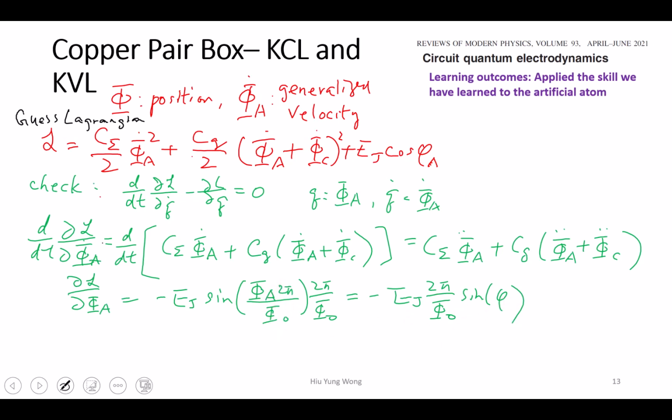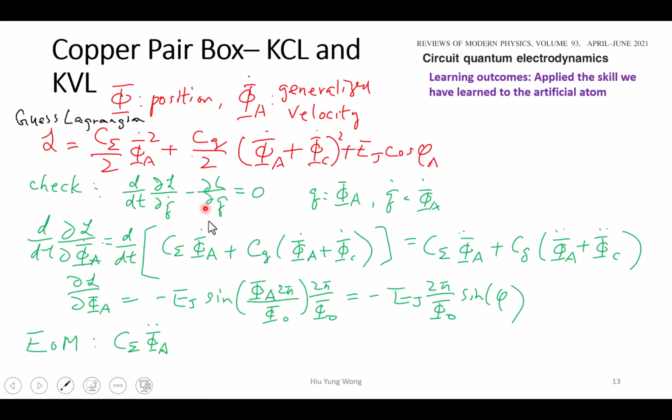So based on this, what is the equation of motion? It is C summation phi A double dot plus, because this is minus, right? Minus partial L over partial q.